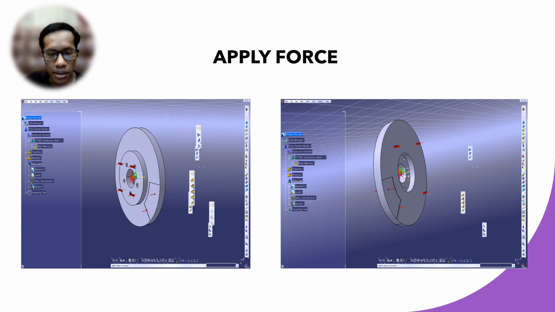We apply a load of about 2,680 kilonewton to the surface of the brake pad, as shown in the picture, on the top surface and the bottom surface.